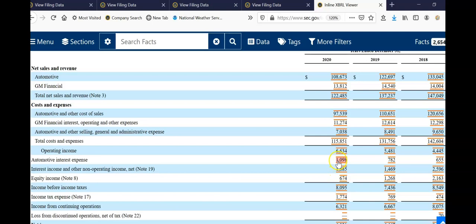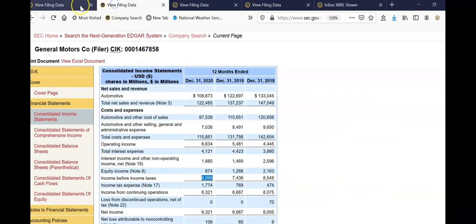But there was an error in the reporting on the interactive data of the interest expense. The company has interest expense of about 1.1 billion, but then it has about 2.5 billion of interest income plus equity income. These are types of non-operating income. So I'm going to use the Excel-based data and copy that over into my analysis.